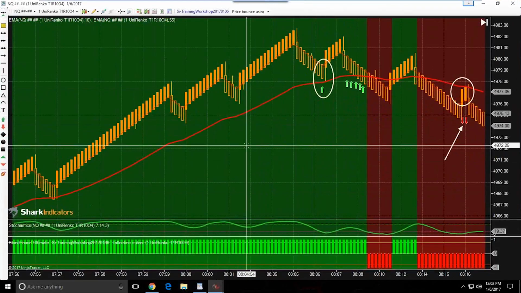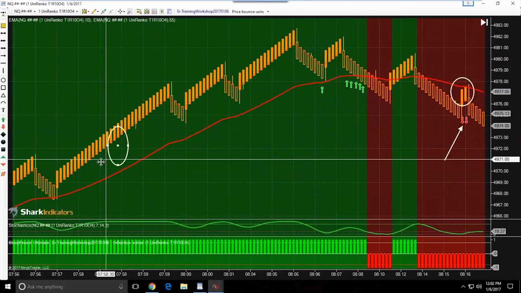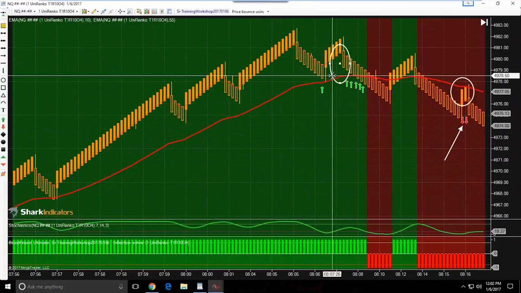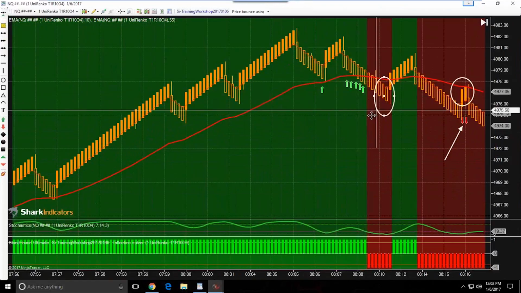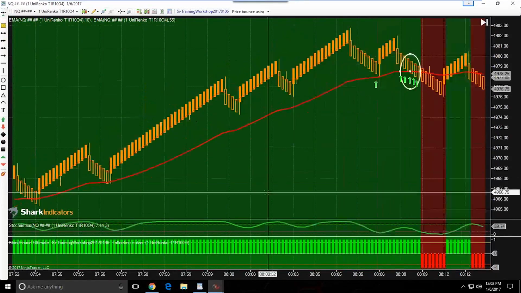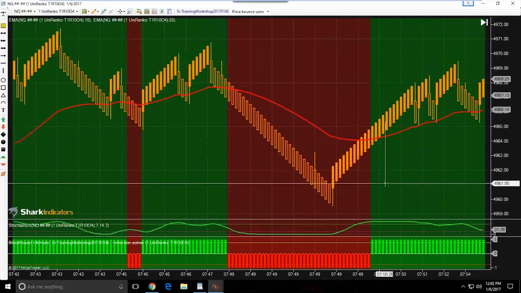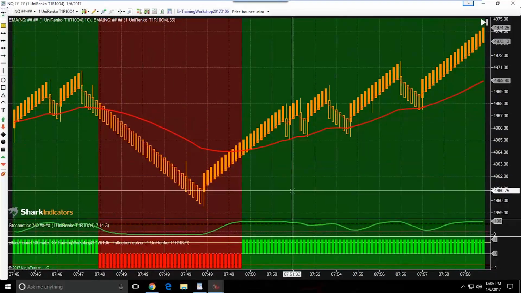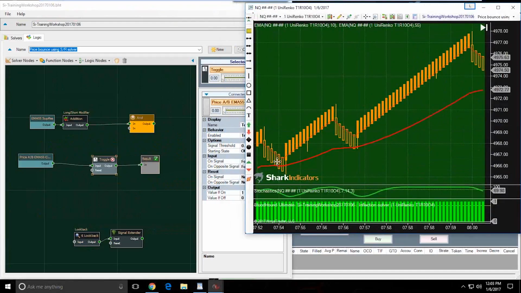Basically, with the toggle node, once we get into an uptrend state, it stays in an uptrend state until we switch over to a downtrend state. You notice how we're always in either an uptrend or a downtrend state with the toggle node.